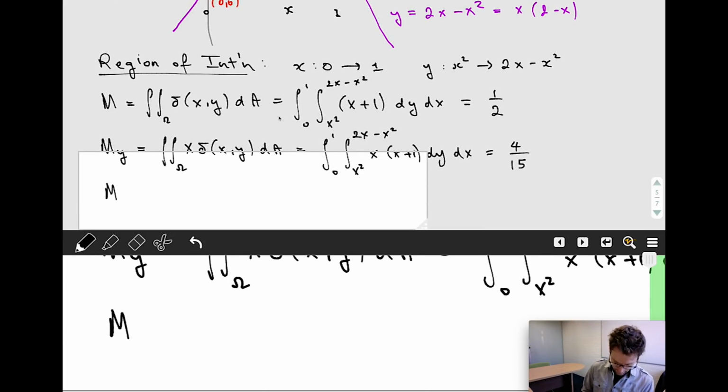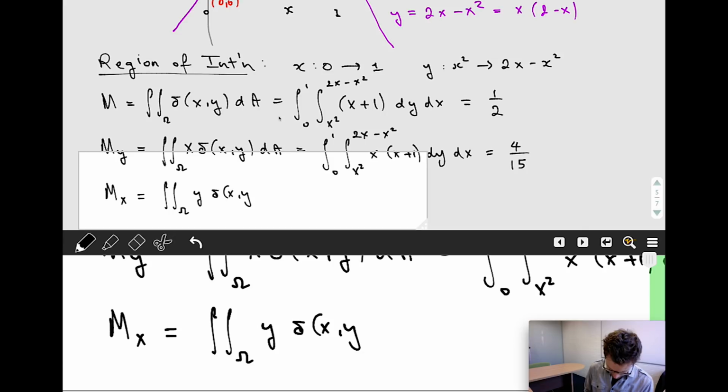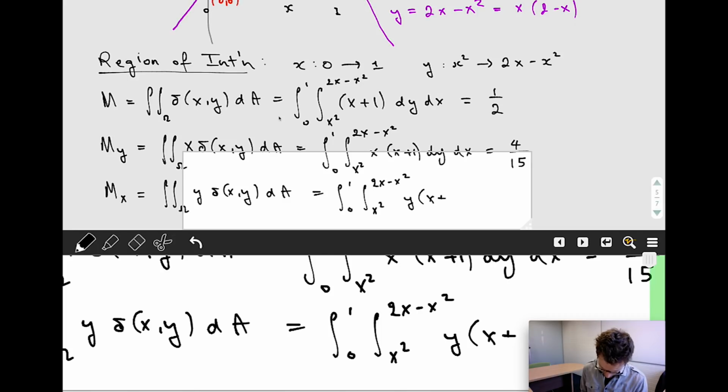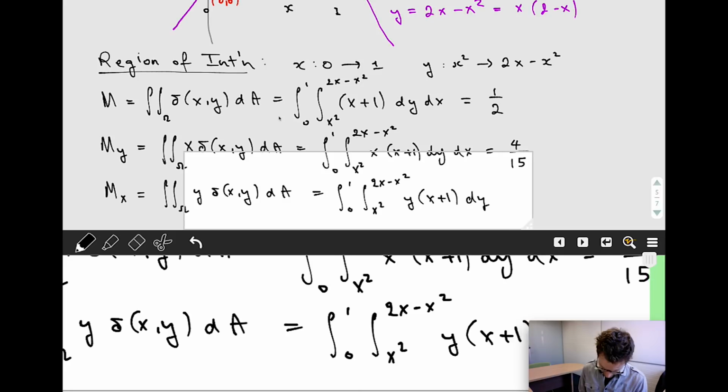Finally, we've got the first moment about the x-axis. So that's given by y times the density, dA. So that'll be the integral from 0 to 1, integral from x squared to 2x minus x squared of y times (x plus 1) dy dx.